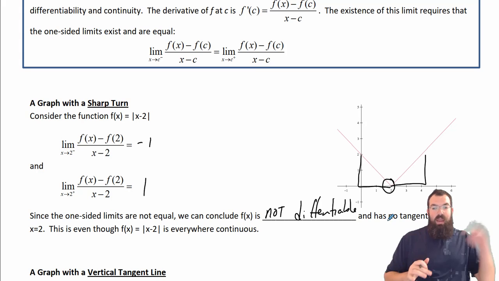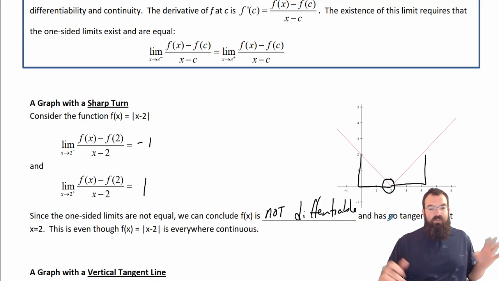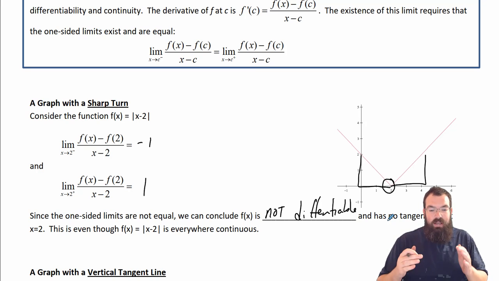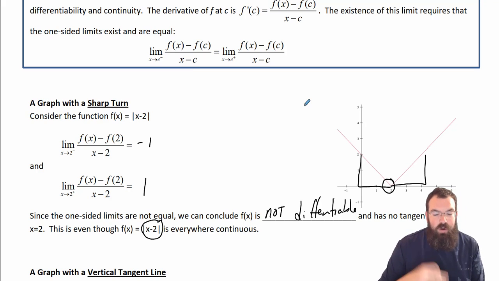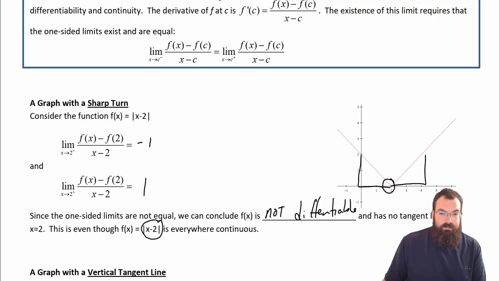It's differentiable everywhere else on the graph, into positive and negative infinity, but at x equals 2 it is not differentiable, even though the function, the absolute value of x minus 2, is continuous everywhere. No matter what point you have, it's continuous everywhere, but it's not differentiable at x equals 2. That's the difference between differentiability and continuity.